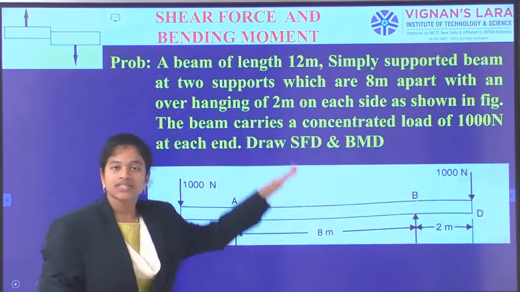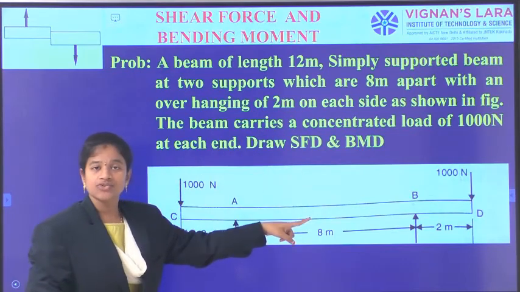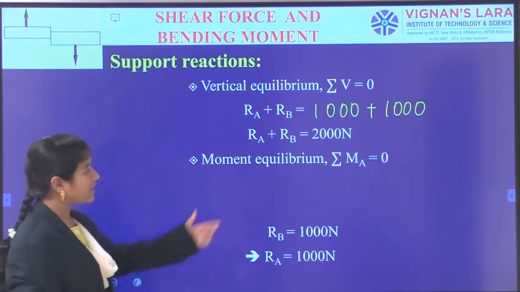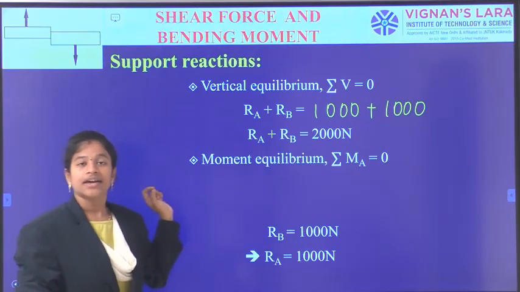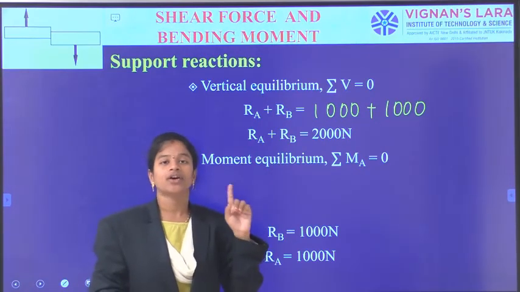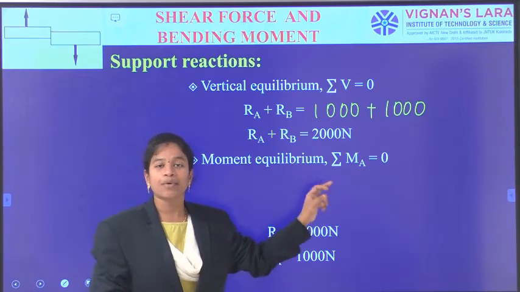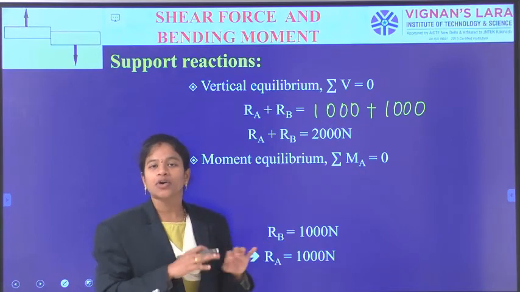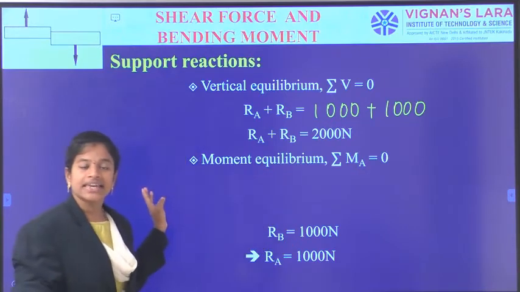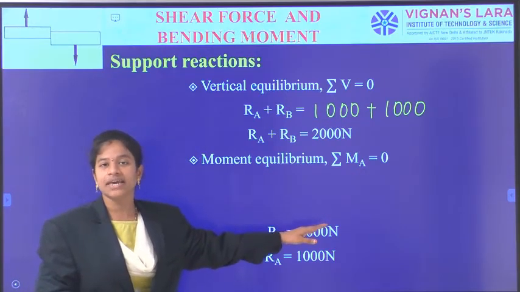The total downward load is equal to the total upward forces. And then, as we have already said, we need to consider the moment about any support. If we consider any other point, two unknowns will be there in the same equation.